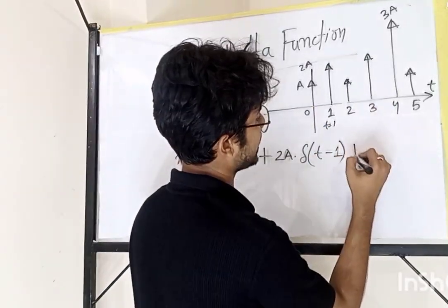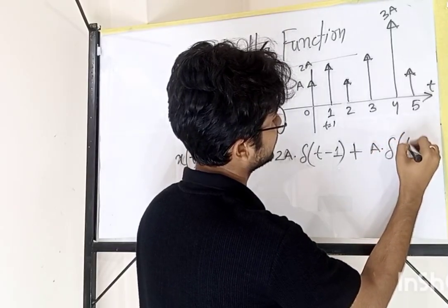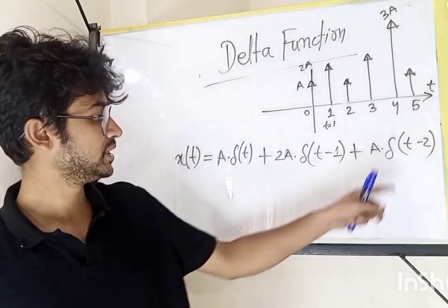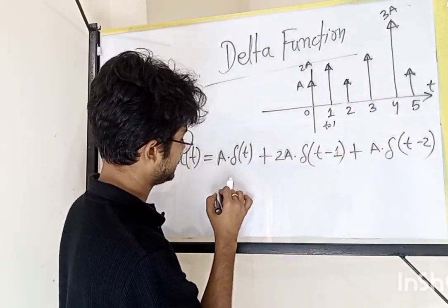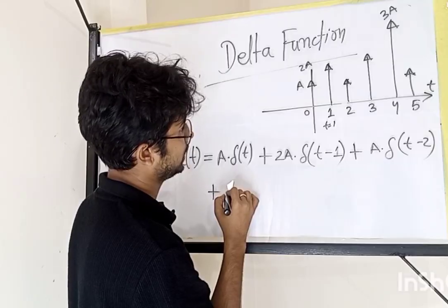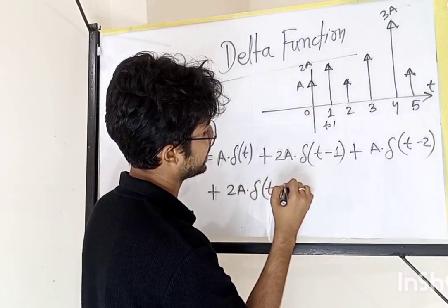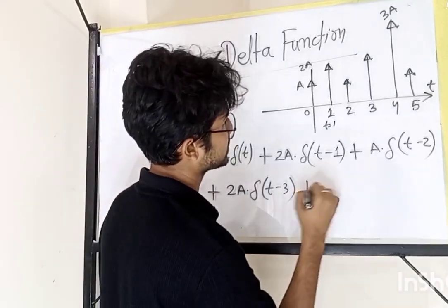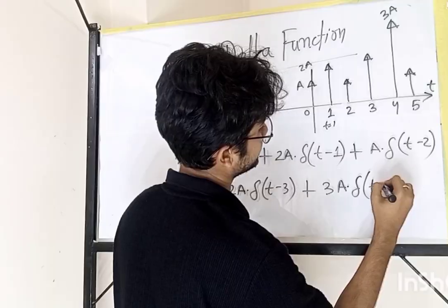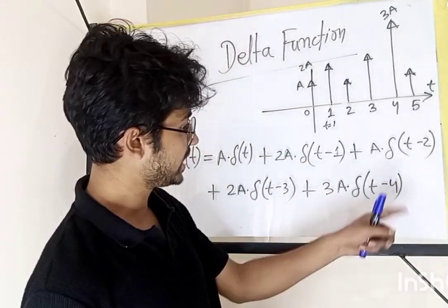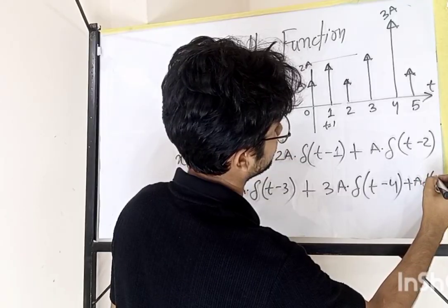Then I can write a times delta of t minus 2, and then 3: plus 2a times delta of t minus 3, plus 3a times delta of t minus 4, and plus a times delta of t minus 5.